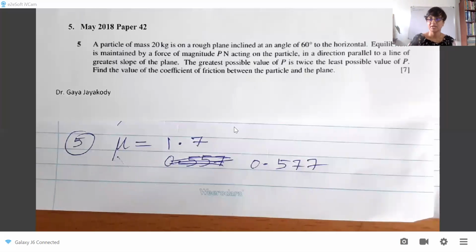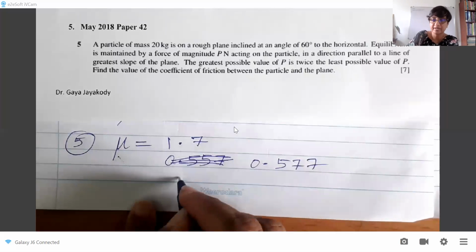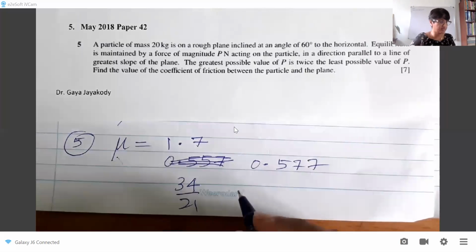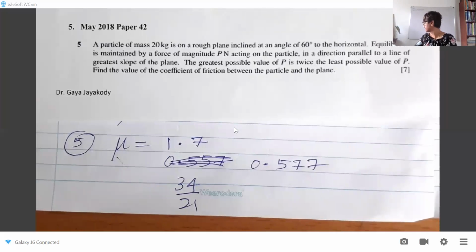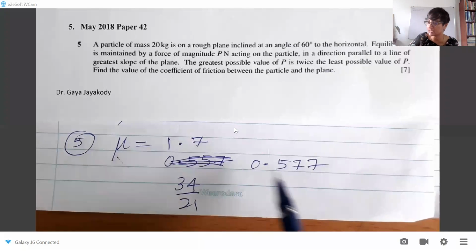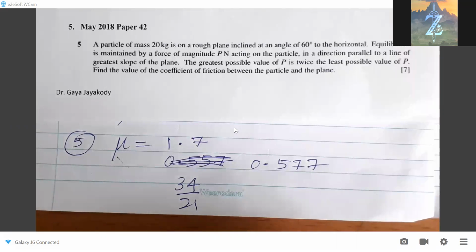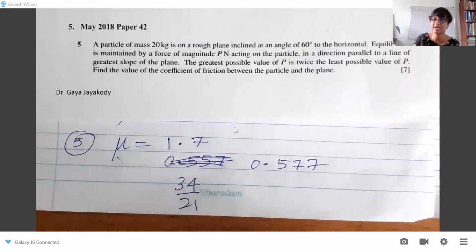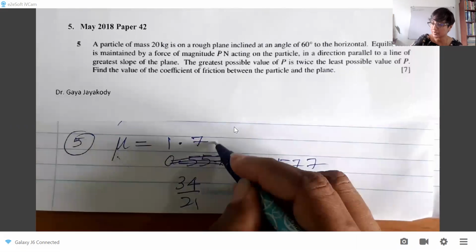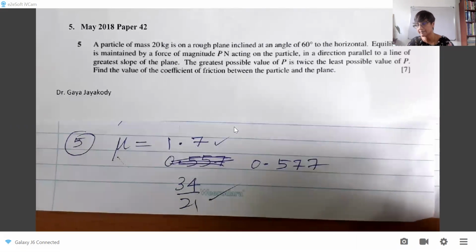Hatfi says 34 upon 21. Is it the same as one of the others? Do you have your calculator? Can you check whether it is similar to one of these? It's the same as 1.7? Yeah, it's 1.7. Okay, so 1.7 seems to be correct.